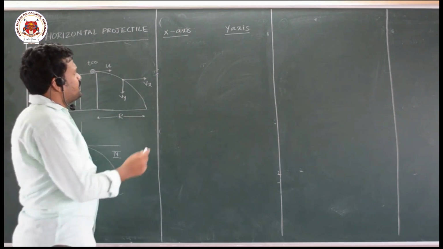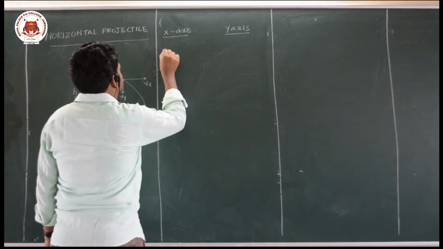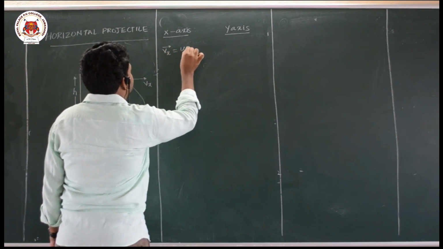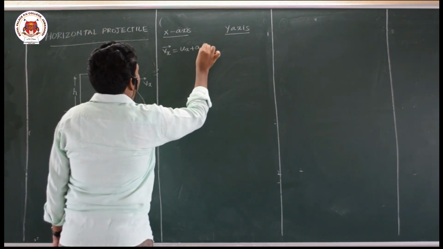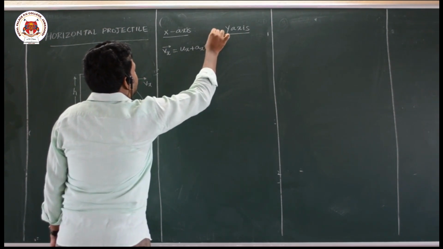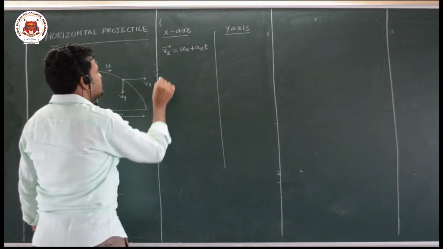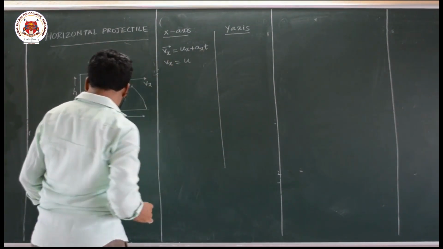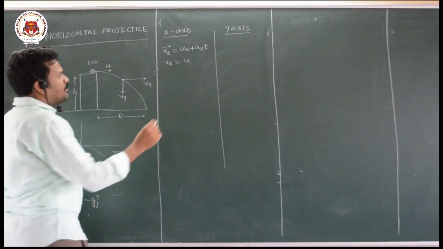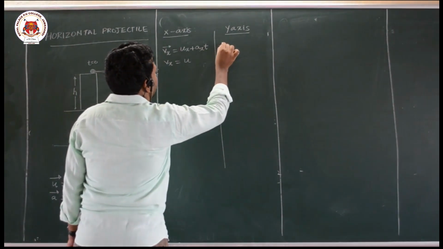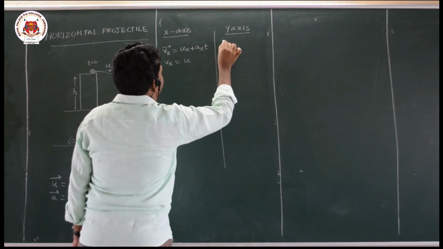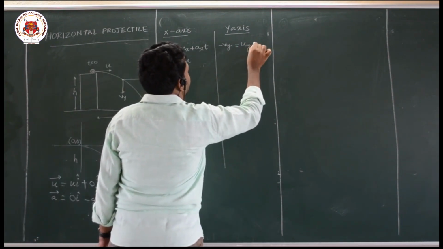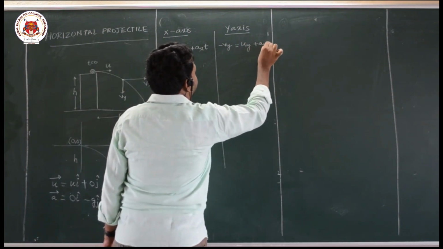So, here first you take Vx is equal to Ux plus Ax t. Vx is equal to u only, because acceleration along the x axis is 0. Now, write Vy is equal to Uy plus Ay t.